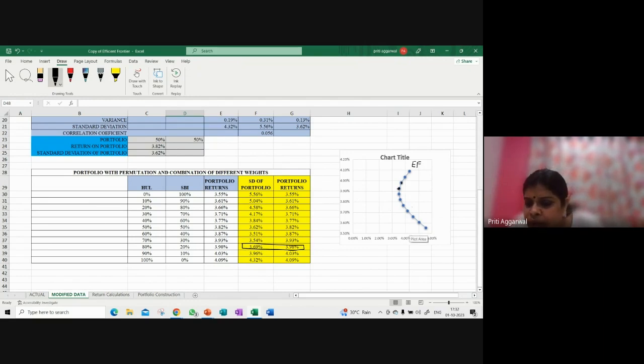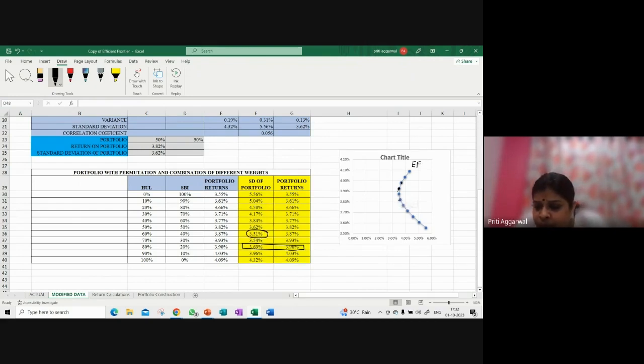Over here, the number is 3.51 and 3.87. That means 3.51 is my standard deviation and 3.87 the return. So you have to check which is the least. So 3.51 is the least risk, right?